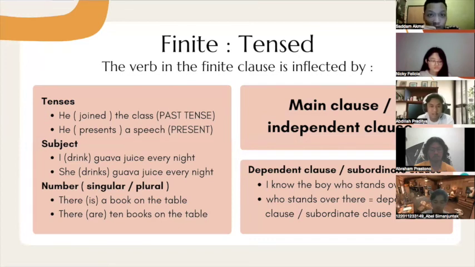For example, it becomes I know the boys, the word boys is plural, who stand over there. The word stand doesn't use s, right? Because the verb can change depending on the tense, it's still included in the finite clause.